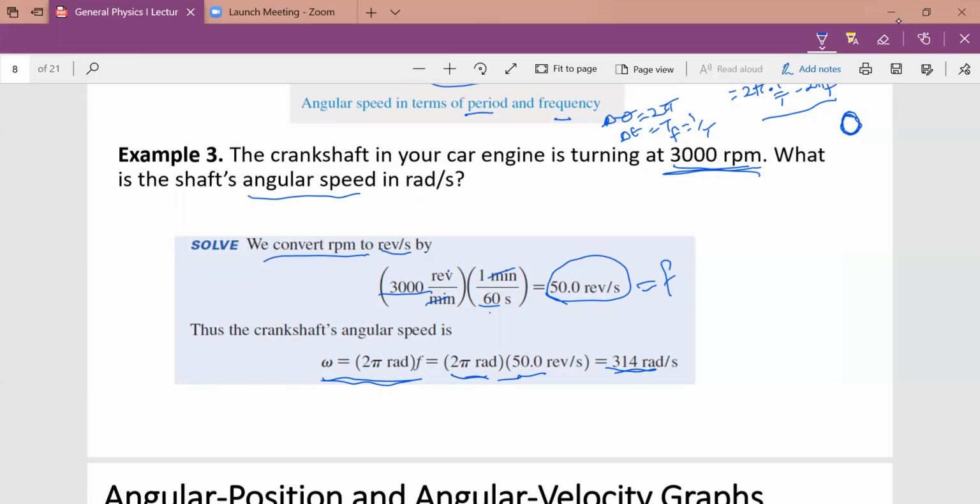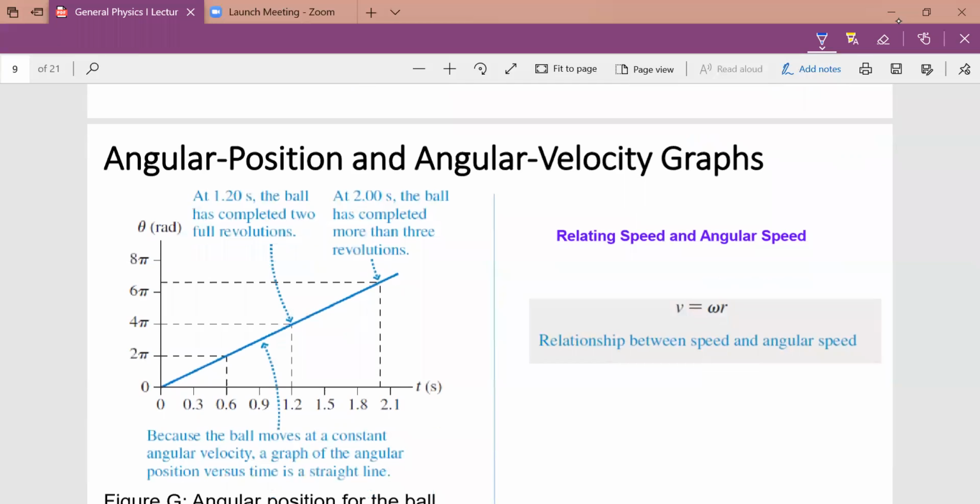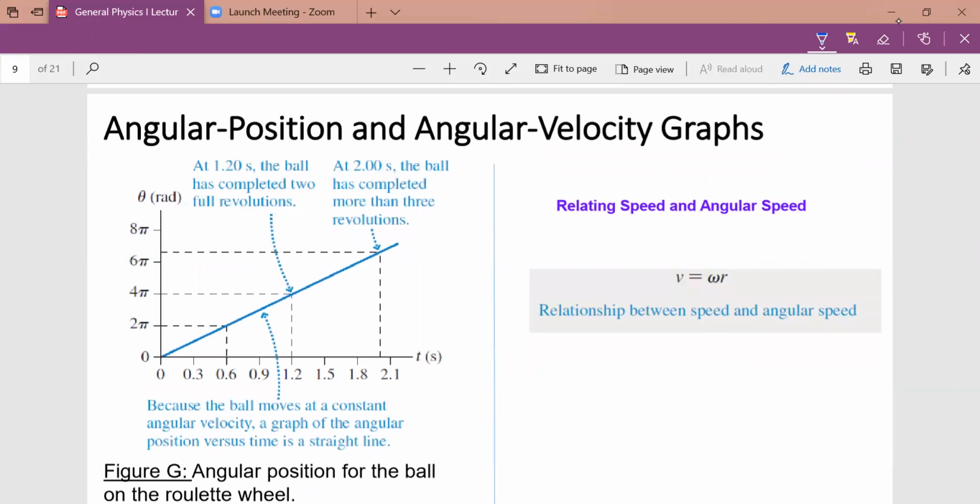Okay, so let's look at these concepts, we know them very well. I want to assume because almost everybody got it right when we treated it in linear cases or in one-dimensional motion.